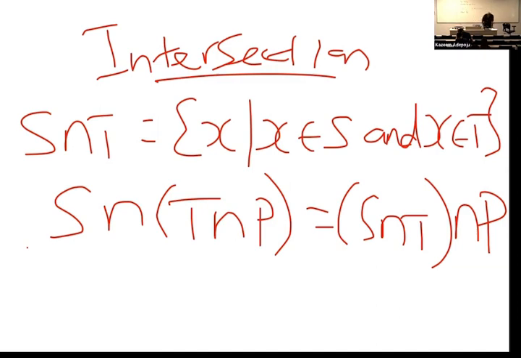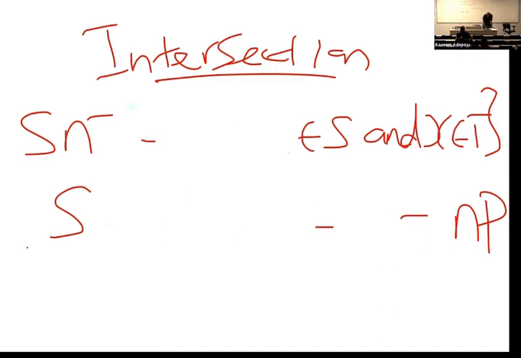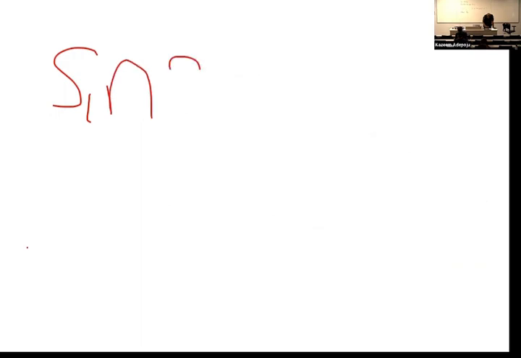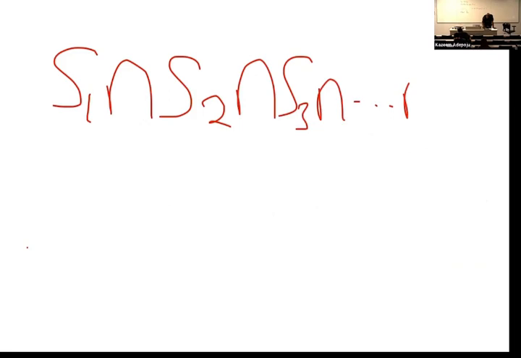Okay. Now, I'm going to go into generalization for intersection now. The same thing I did the other time for union, where I'm going to have this, this, this, this.